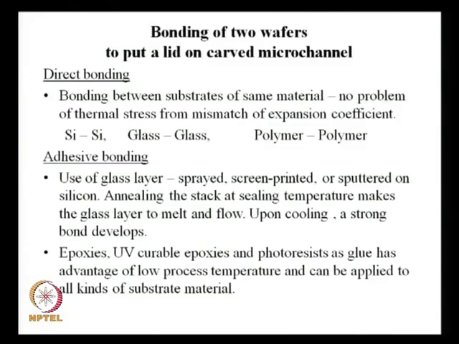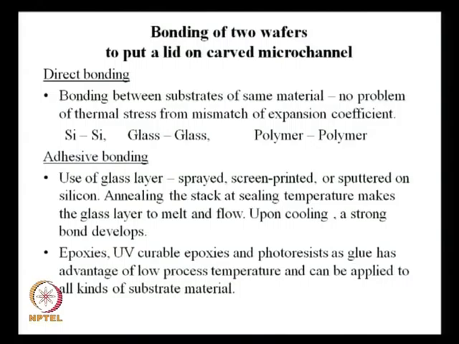Epoxies are common material that we use to put fixtures. I mean, the kids use to make those work education type drawings and structures. So, you can use these epoxies, those are very popular. So, epoxies, UV curable epoxies and photoresists as glue has advantage of low process temperature and can be applied to all kinds of substrate material.